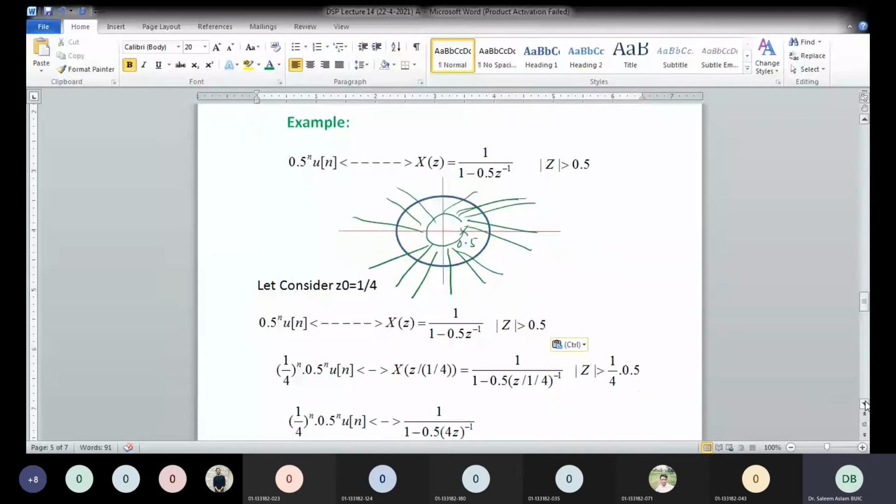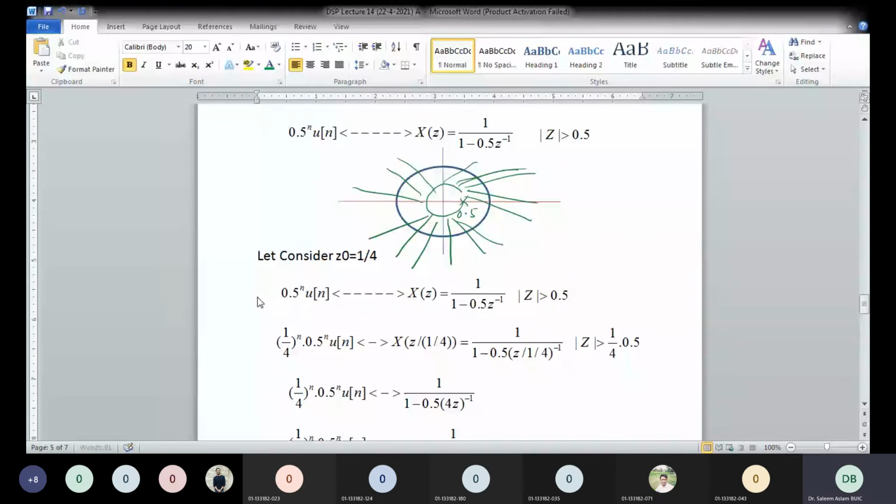When we multiply it with z naught to the power n, our Z transform expression would be z over z naught, and our z naught is 1/4. तो जहां पे भी हमारे पास z आएगा, हम इसको डिवाइड कर देंगे 1/4 के साथ. तो यहाँ पे देखिए हमारे पास इस एक्सप्रेशन में z सिर्फ यहाँ पे आ रहा है, we have z inverse here only. तो हम क्या करेंगे, हम इस z को लेंगे, इनवर्स को हम इग्नोर कर देंगे, z को 1/4 से डिवाइड कर देंगे, that we have done here. तो z ओवर 1/4, और ये इनवर्स आपका बाहर आ गया.